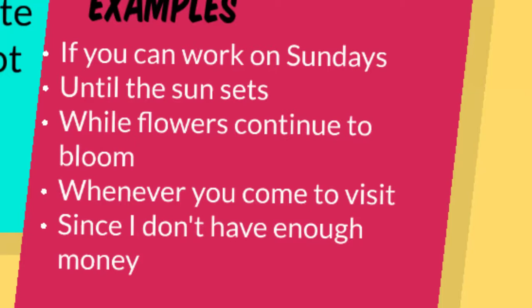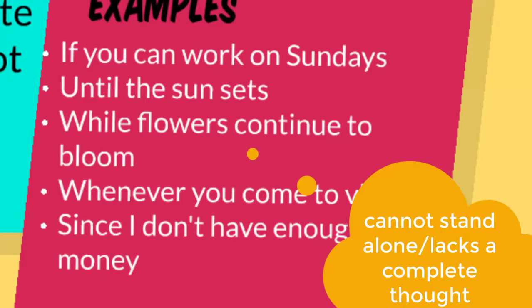The third example says, while flowers continue to bloom. There is a subject. There is a verb. Can it stand alone? No, it cannot stand alone. It says, while flowers continue to bloom, what goes next? There is a missing thought, if you notice. It's an incomplete thought.